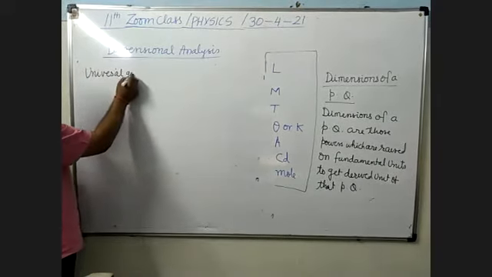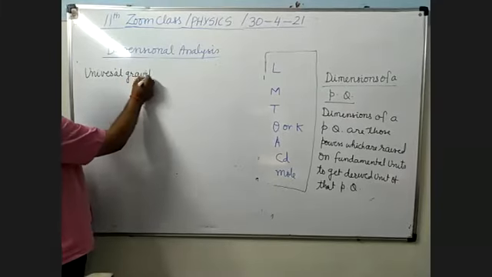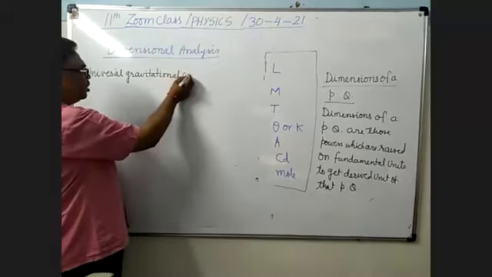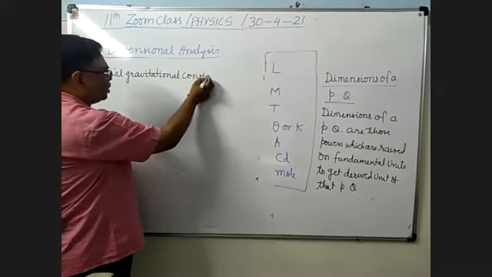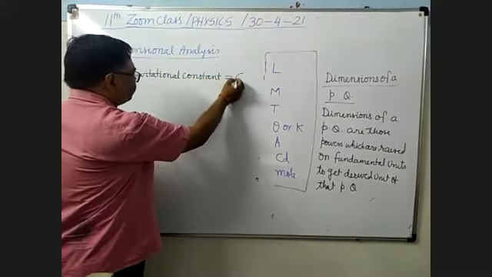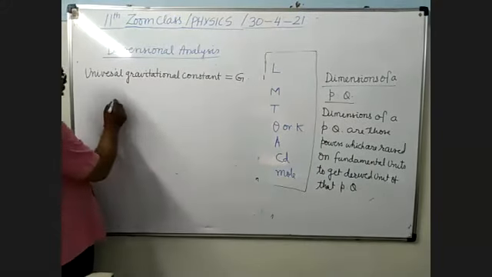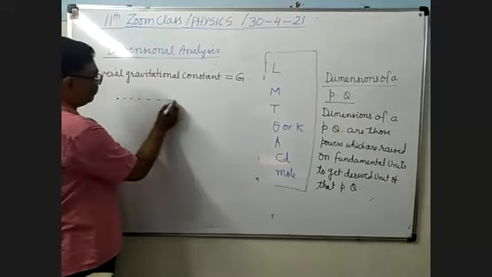Now you can see here the universal gravitational constant, represented by the symbol capital G. You have already studied Newton's law of universal gravitation.